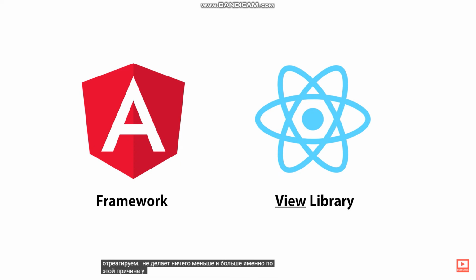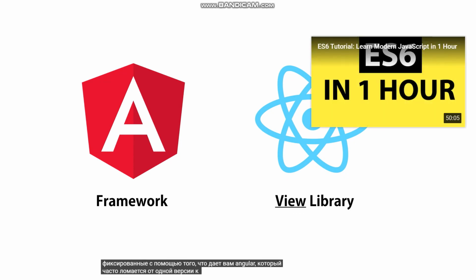For this very reason, React has a very small API to learn. So when building applications with React, we need to use other libraries for things like routing or calling HTTP services and so on. But this is not necessarily a bad thing because you get to choose the libraries that you prefer as opposed to being fixed with what Angular gives you, which often breaks from one version to another.